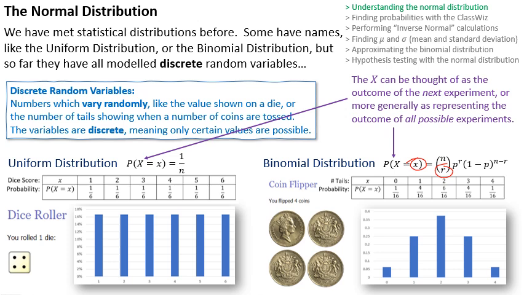But it's important to remember that capital X doesn't represent some particular number that we just need to calculate. It's more like it represents the outcome of performing this random experiment again, and all we can say with any certainty about it is the probability of it taking certain values or being within a particular range.